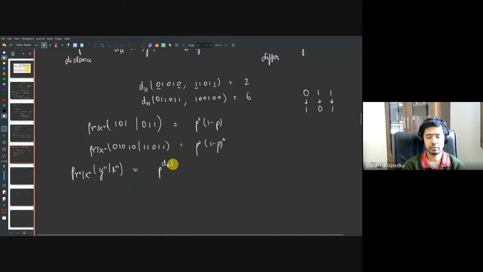Right? So it is p to the Hamming distance times (1 minus p) to the power n minus dh, because dh number of locations have to be flipped, and n minus dh number of locations remain the same.